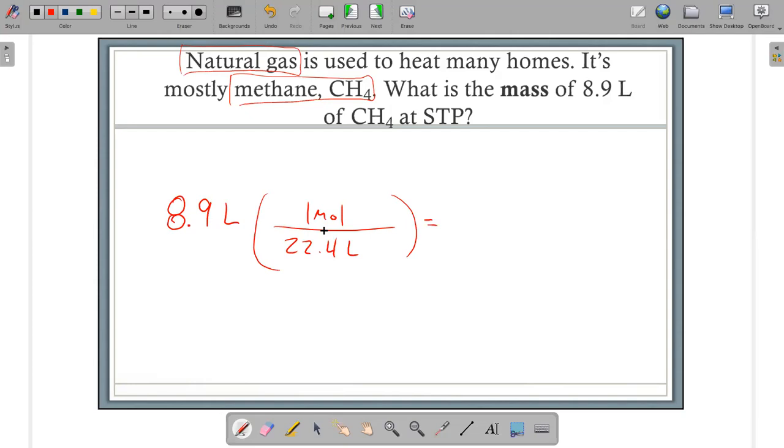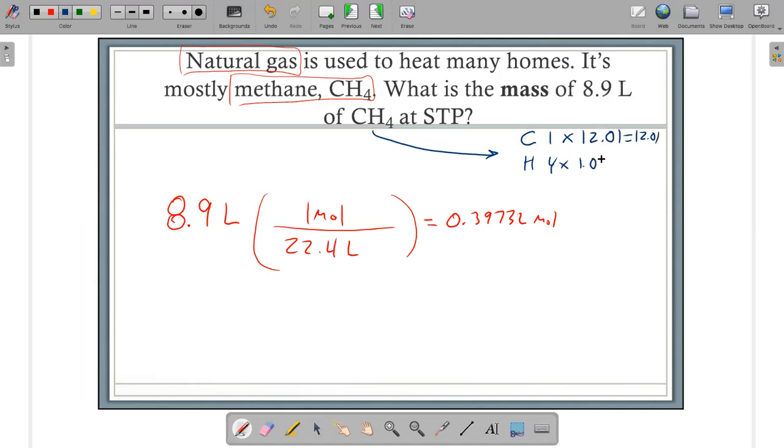So 8.9 divided by 22.4, 8.9 liters of gas is 0.39732 whatever mole. Once you convert to moles, then you can convert to a mass. And now the mass of the substance matters. So CH4, methane, I got 1 carbon and 4 hydrogens. Carbon's mass is 12.01.